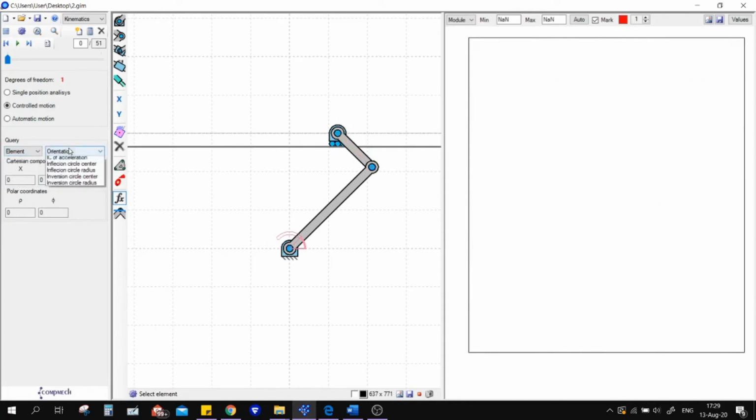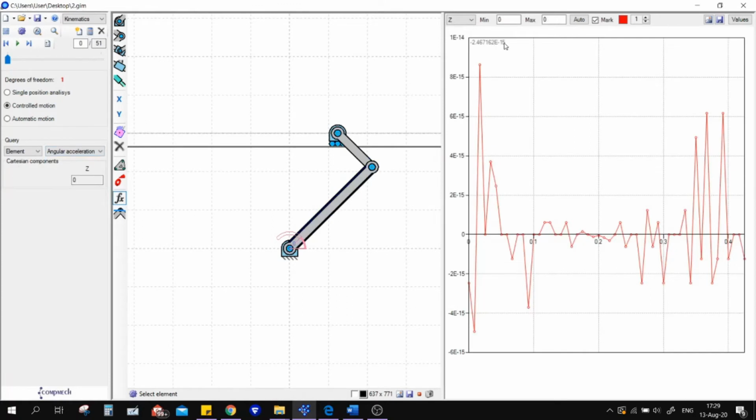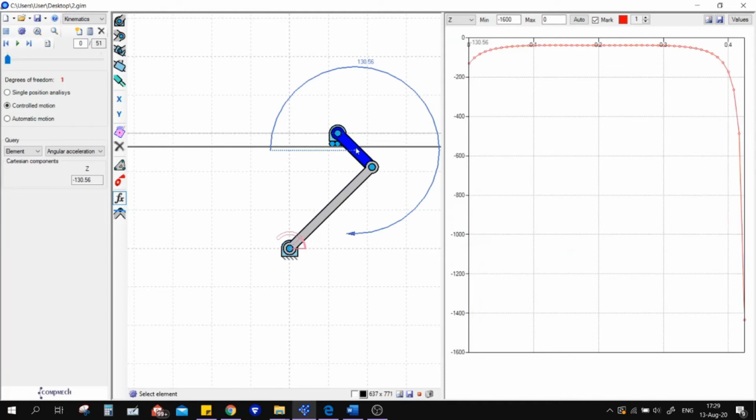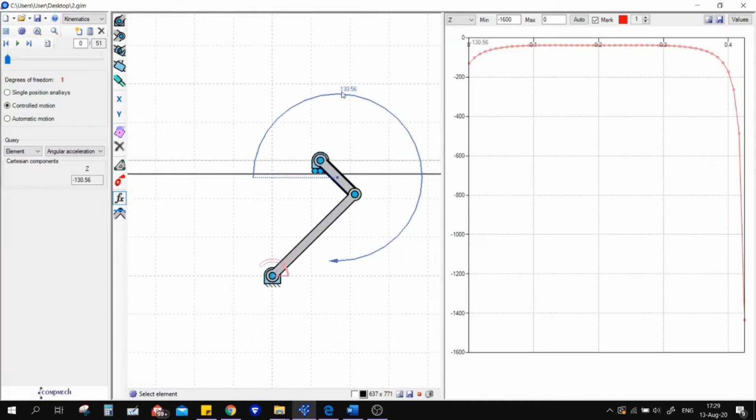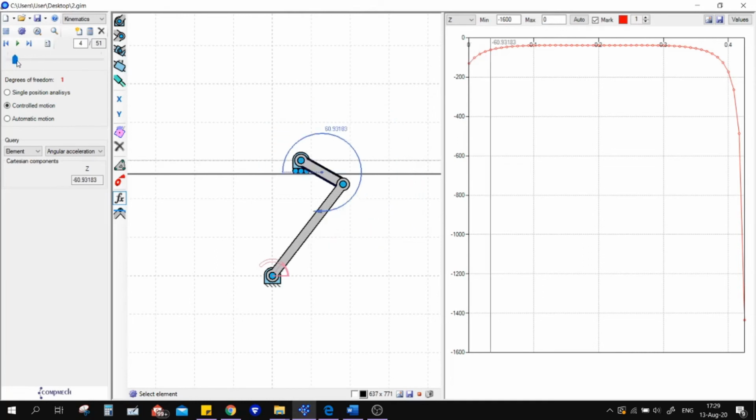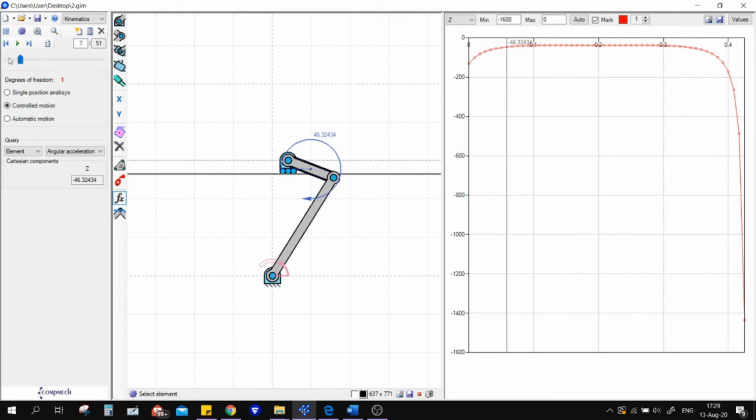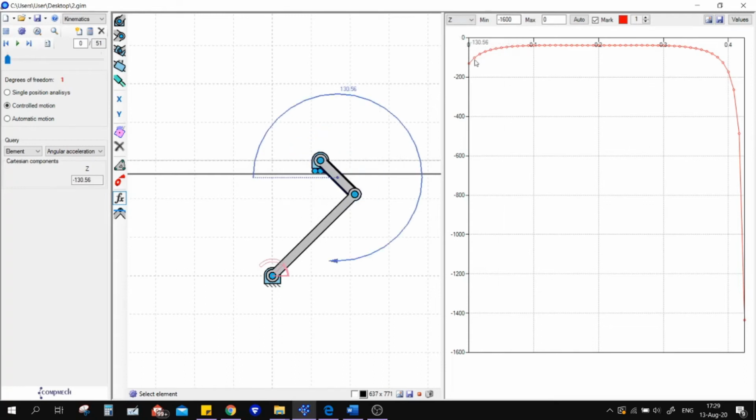For example, the angular acceleration for AB is a very small amount, almost zero. For the angular acceleration of BC, we get around 130.56 radians per second squared. As I said, we only focus on the first point, so we can directly take the result from the first one.